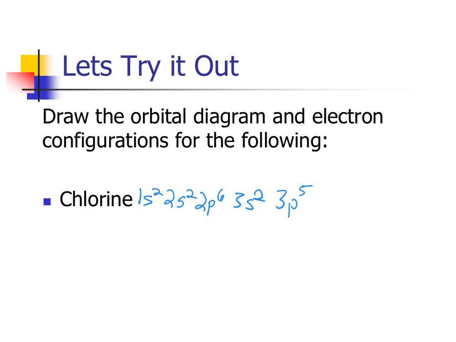Or I can add the superscripts and go 4 plus 6 plus 2 would give me 12. And I need a total of 17. Means that negative 5, I need 5 electrons. Okay, that's another way of kind of looking at it.